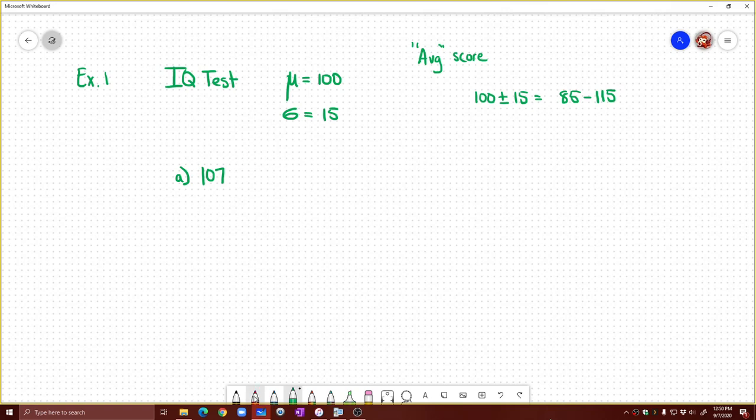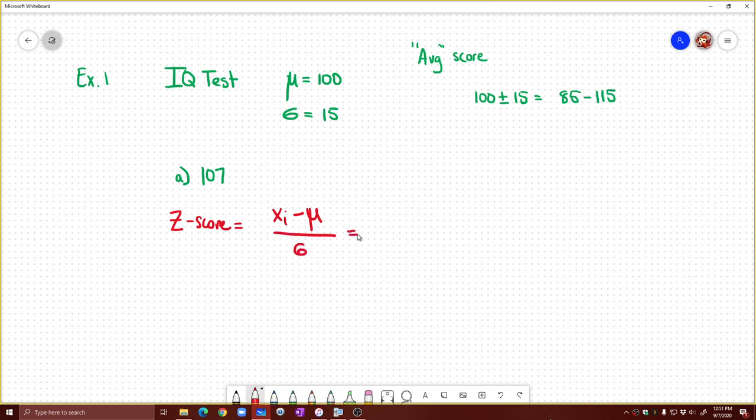Okay, so I'm going to formalize, as your book shows you, how we calculate a z-score. We get our z-score by taking our given data point, our score, minus the mean, and dividing it by the standard deviation.